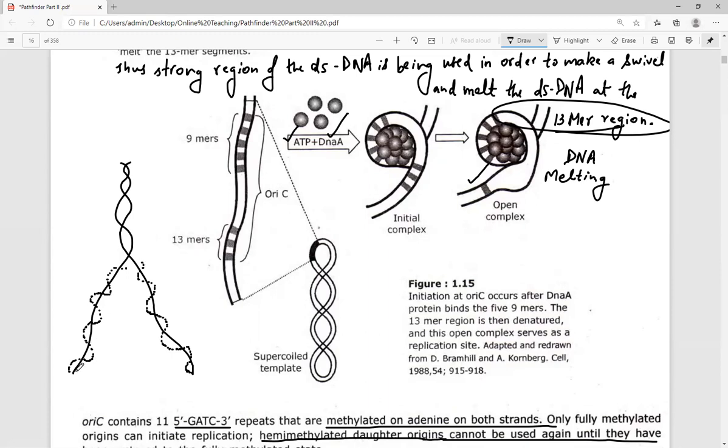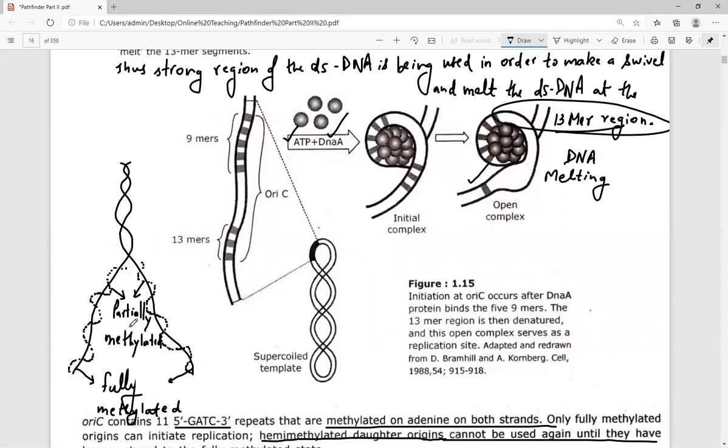This new DNA molecule will be the subject of the action of the DNA polymerase enzyme.